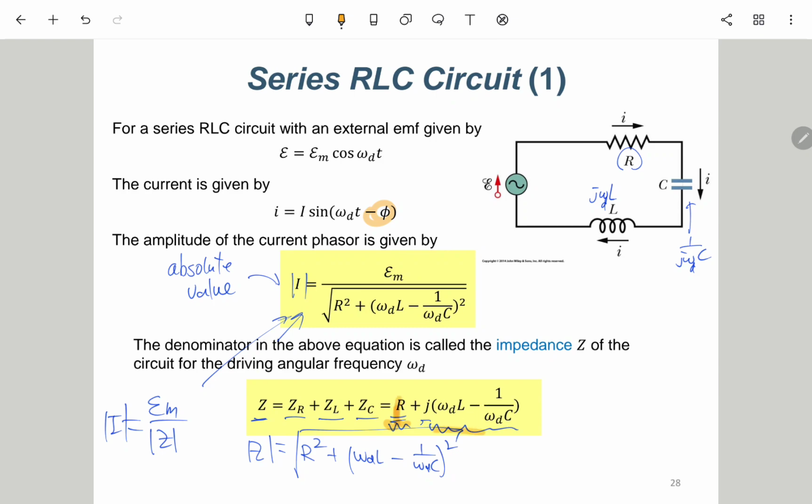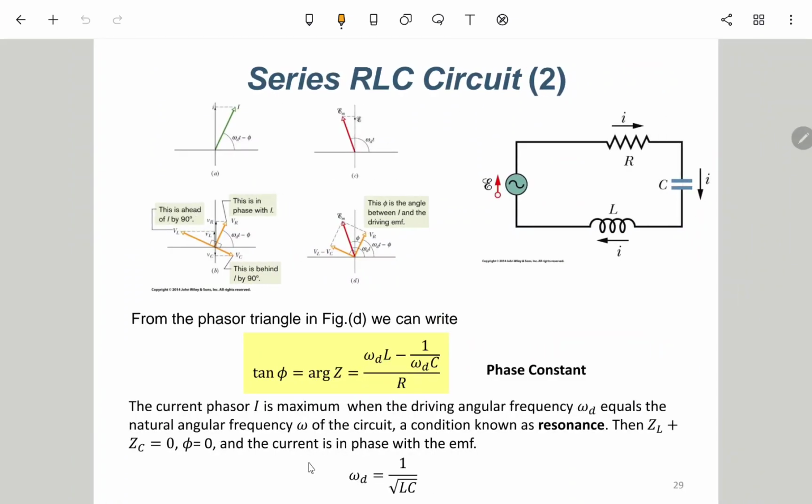Okay, but whether this part is positive or negative depends on the value of L and C, and also omega_d. So if omega_d L is larger than 1 over omega_d C, then this imaginary part will be positive, and otherwise it will be negative, or maybe it can be 0.